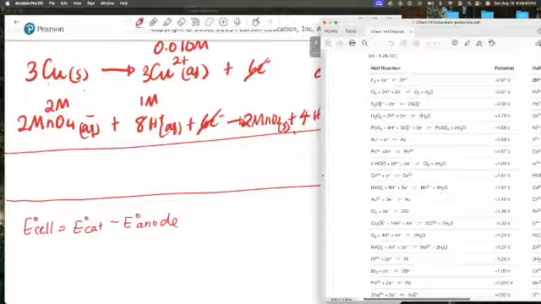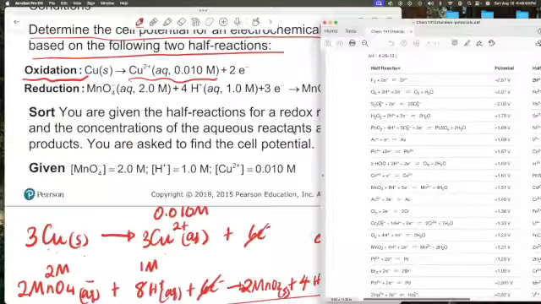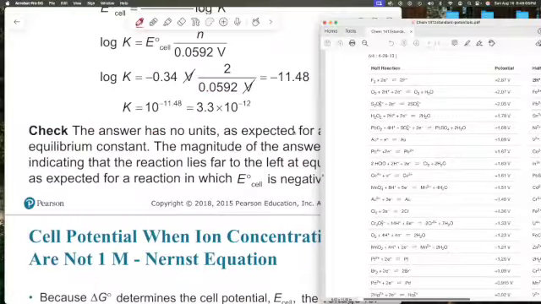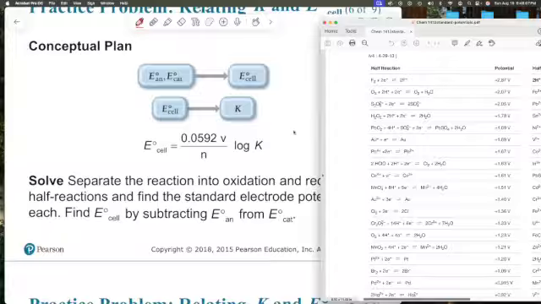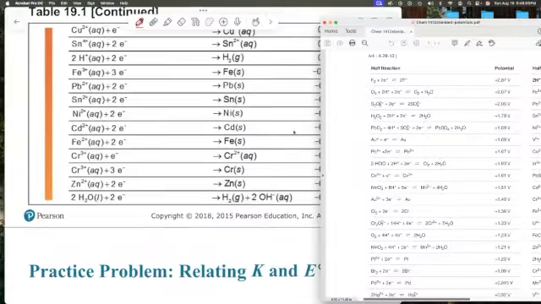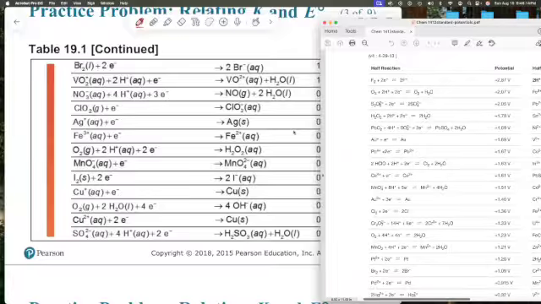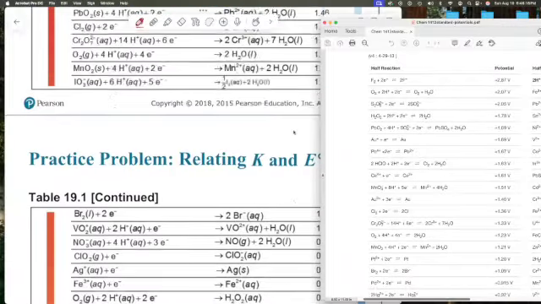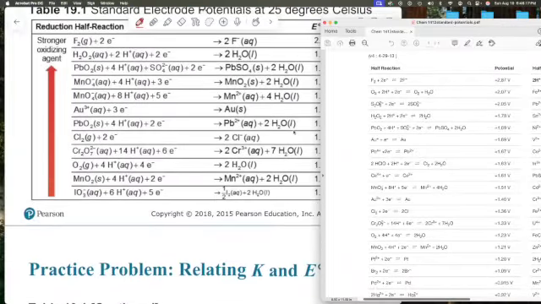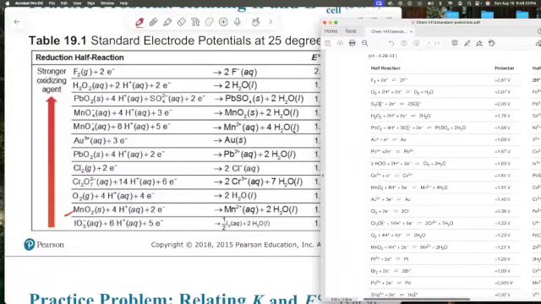Okay, let's go ahead and copy the one from the slides. Let's see the slides. MnO4, I see MnO4 in this one here. This is not it. This is not it either. I think this is it, right? Yeah, that's it. 1.68.